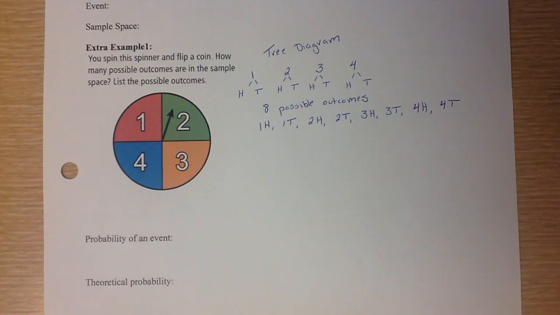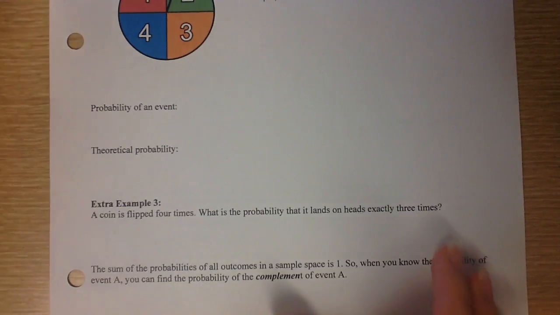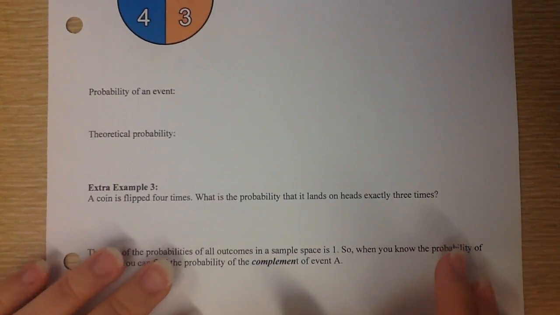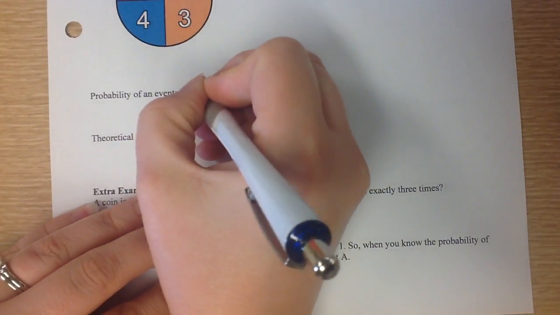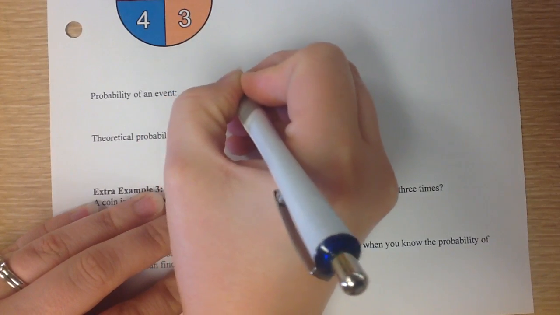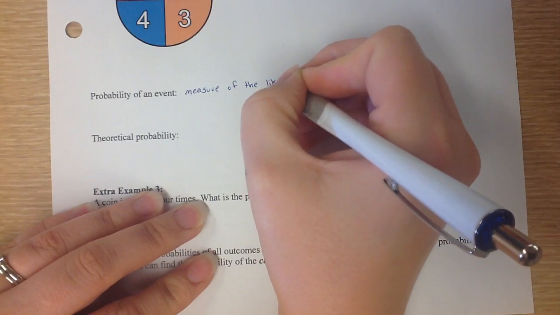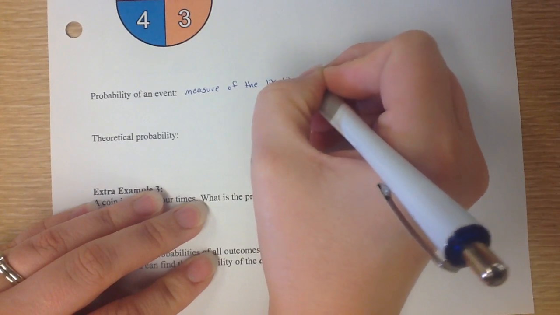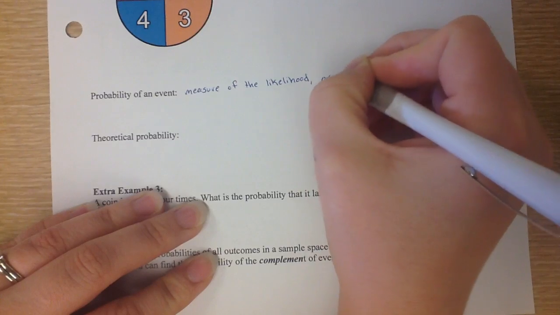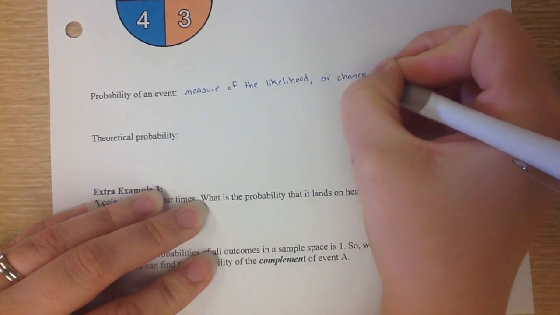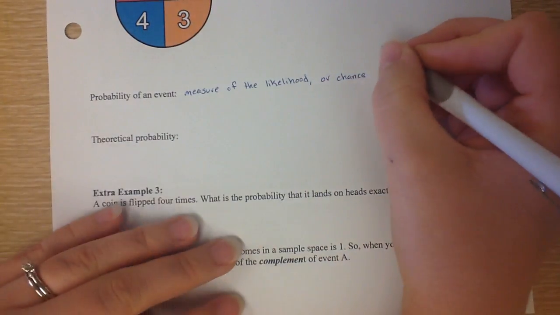Okay, next, the probability of an event. The probability is a measure of the likelihood or chance that the event will occur.